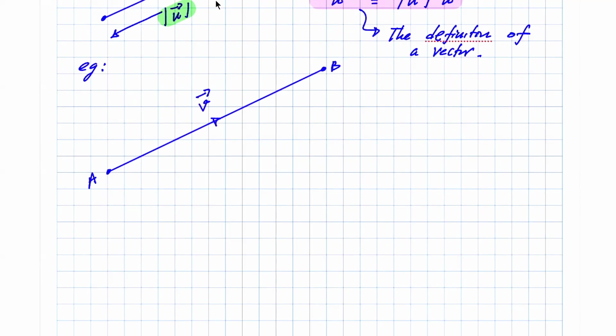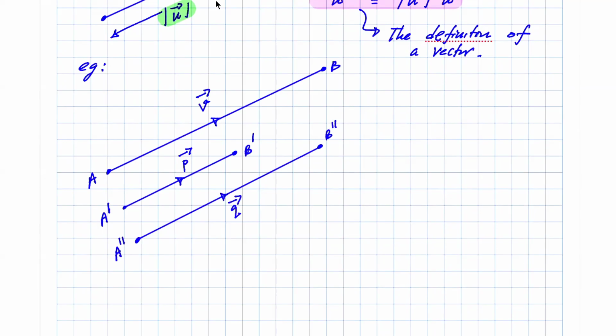Then I'm going to take half of that magnitude here, and this is going to be P vector, from A prime point to B prime point. And then I'm going to have another one here, from A double dash point to B double dash point. Now this one is Q vector.